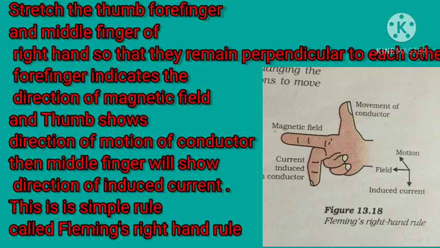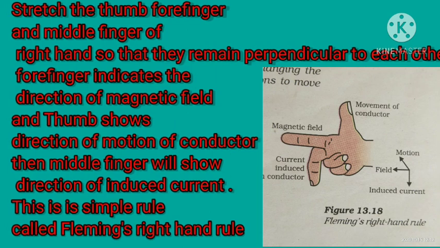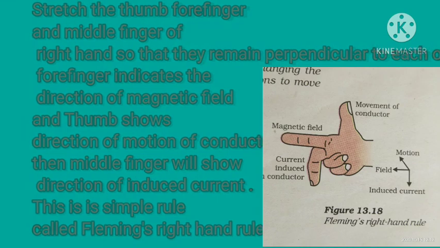Stretch the thumb, forefinger and middle finger in such a way that they remain perpendicular to each other as shown in the figure. If the forefinger indicates the direction of the magnetic field and the thumb shows the direction of motion of the conductor, then the middle finger will show the direction of the induced current. This simple rule is called Fleming's right hand rule.